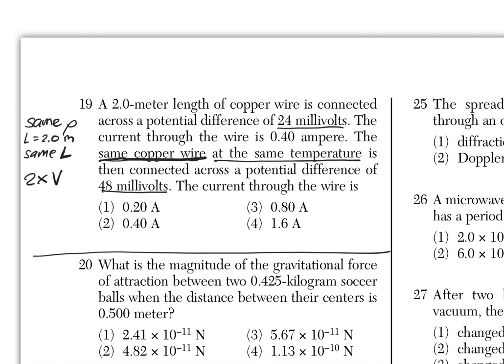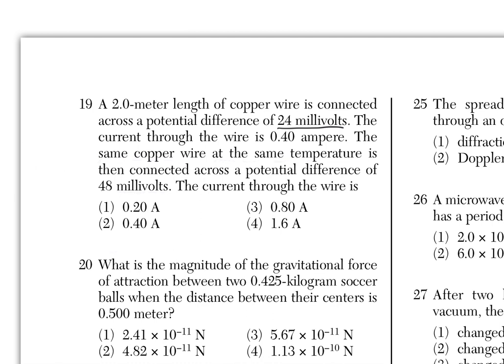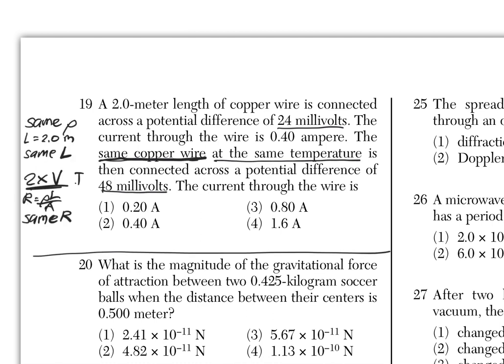And if I have the same resistivity, the same length, it's the same exact wire, I'm not changing anything about the wire, the resistance, R, is rho L over A. If everything about the wire is the same, and same temperature, then it's going to be the same resistance as well.